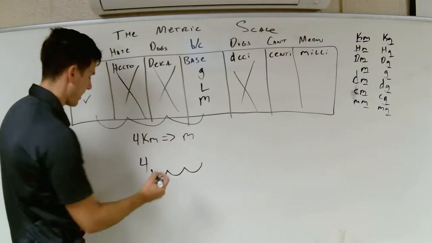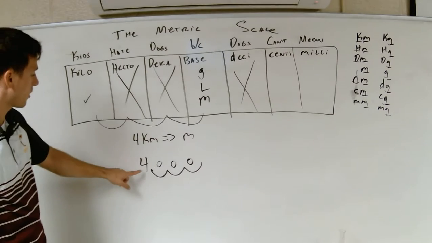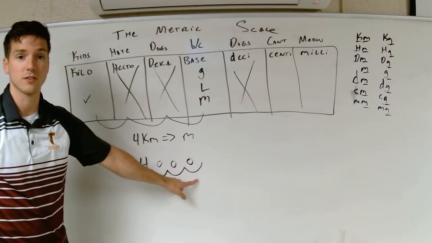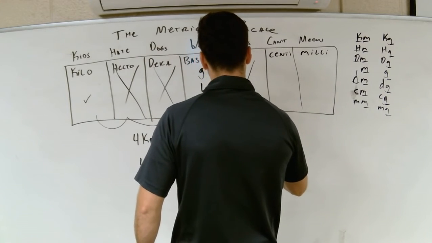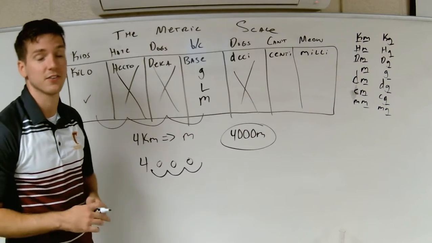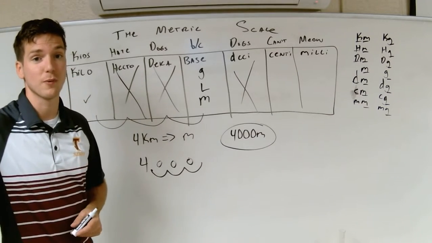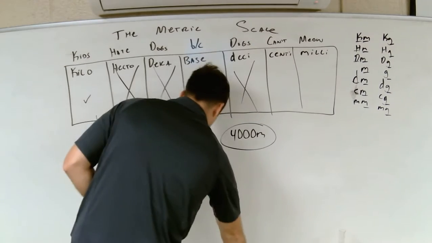And in those spaces, I'm going to fill in with zeros. So now I no longer have 4, I have 4,000. That means I have 4,000 meters in 4 kilometers. That's all it is, just moving that decimal to the right or to the left. Okay, let's do another example.